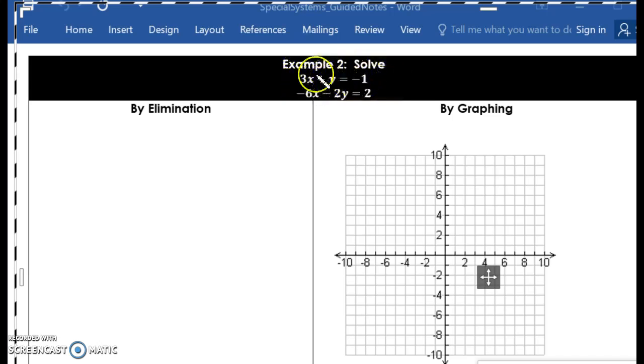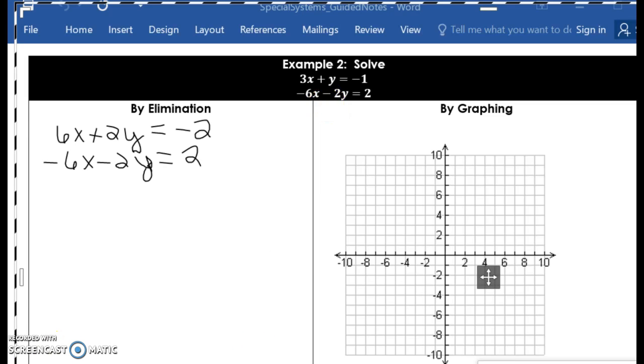If we multiply our first equation through by 2, then we'll have a positive 2y and a negative 2y. So multiplying the first equation through by 2 gives us 6x plus 2y equals negative 2.